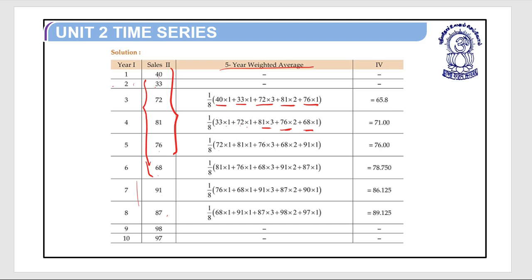Then 1 by 8, 72 into 1 plus 81 into 1 plus 76 into 3 plus 68 into 2 plus 91 into 1. So here you will get 65.8, 71, 76, 78.750, 86.125, 89.125.